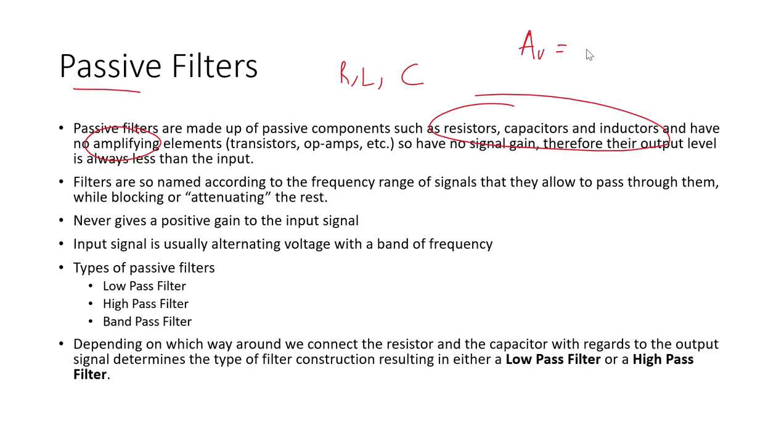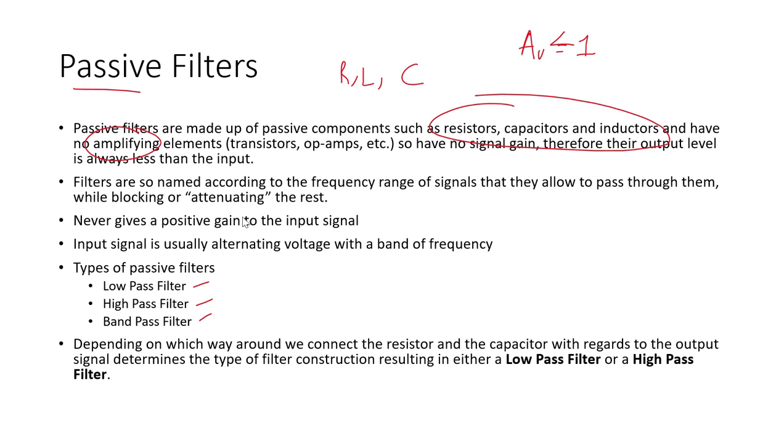The gain in voltage or current can be less than or equal to 1. Again, we have three types of passive filters: the low pass, band pass and high pass filter.